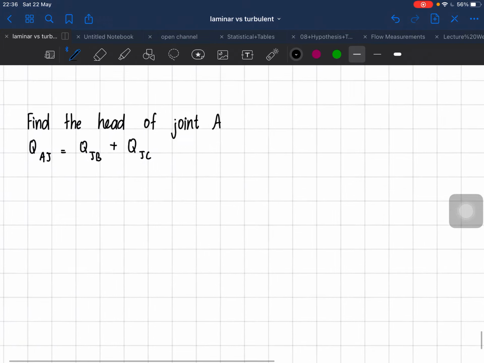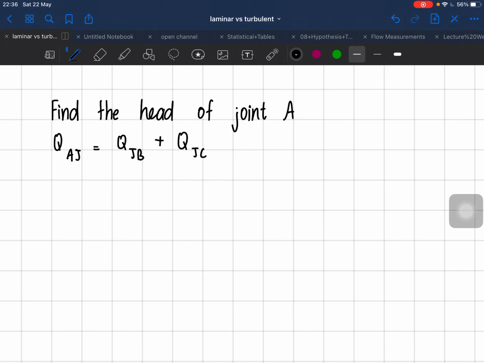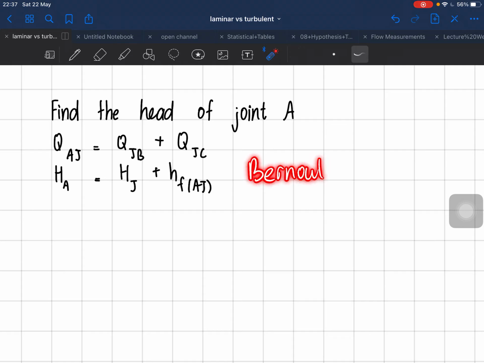Okay, so now we can continue to the next equation. We can also write H, which is the head of A, equals the head of J plus the friction loss of pipe AJ. So we apply the Bernoulli's equation here.